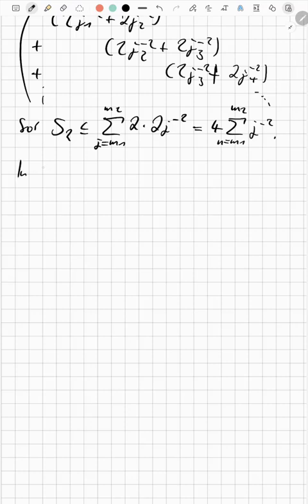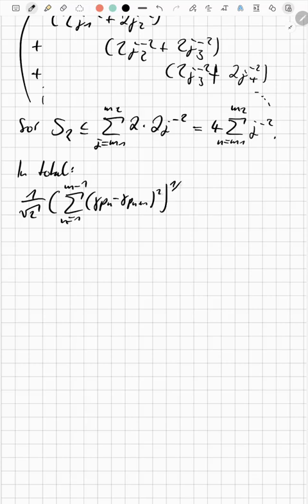In total, we get that 1 over the square root of 2 times this sum right here, (γ_pn − γ_pn+1)², all in the square root. We can rewrite this. This is the same as 1/2 times S1 plus S2. And we found our nice inequalities.